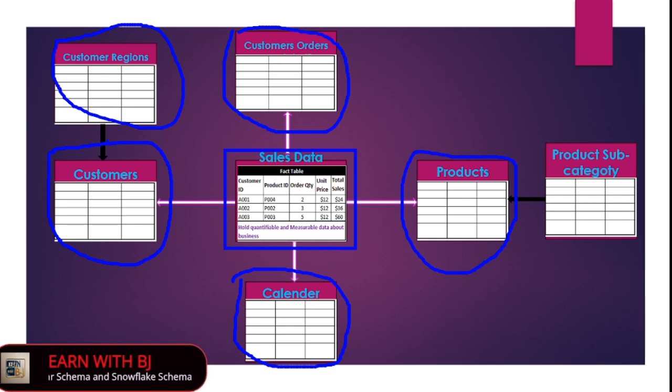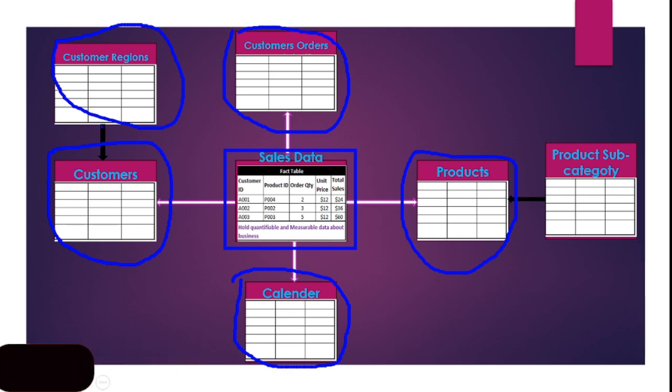So the connection here is what we call the Snowflake Schema, where the dimension tables are also being broken down and connected to themselves. So this is all about the Snowflake Schema. But before then, let's try to note the difference between a Snowflake Schema and a star schema.